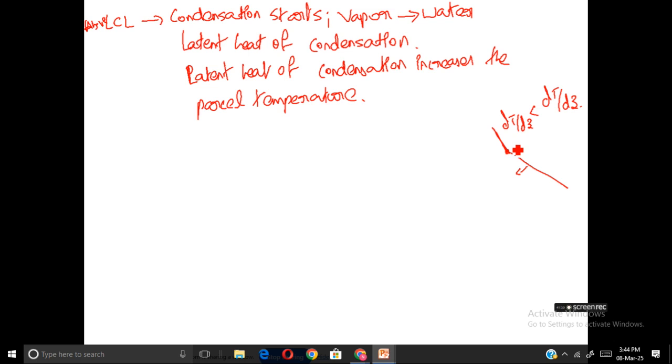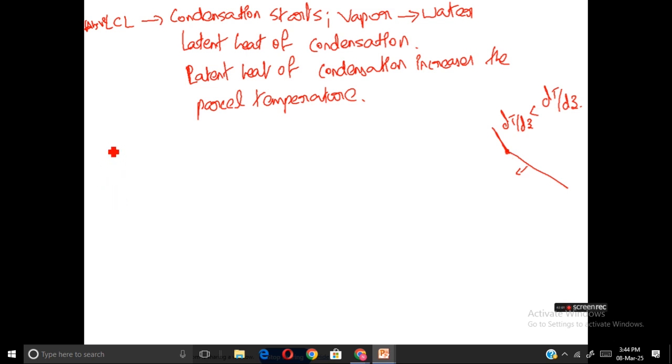So the rate at which the temperature reduces above LCL is less compared to the rate before LCL. The rate of decrease in temperature will be less because there is an additional amount of heat being supplied to the parcel due to the condensation of water vapor within the parcel, which is basically the latent heat of condensation.